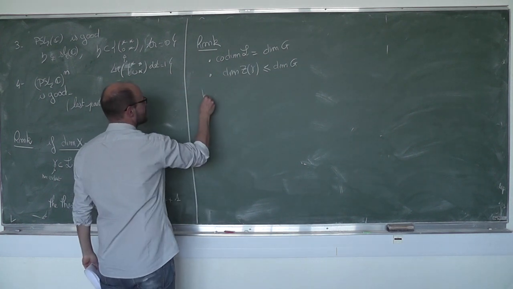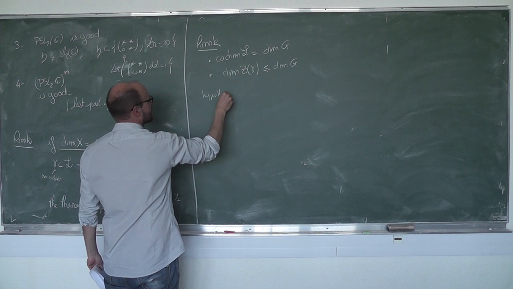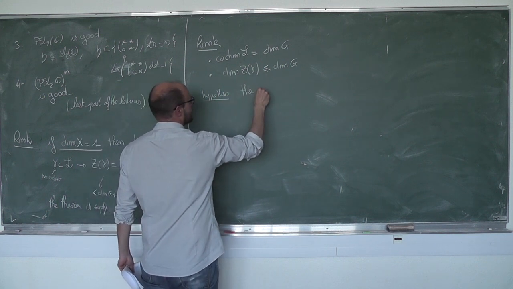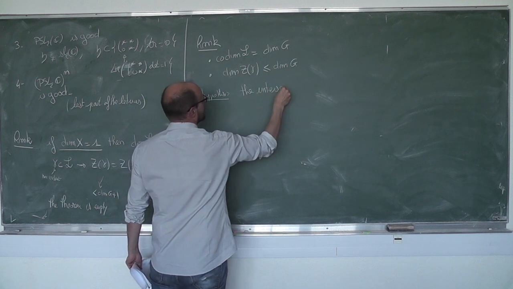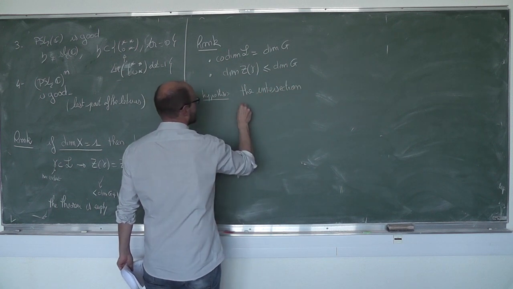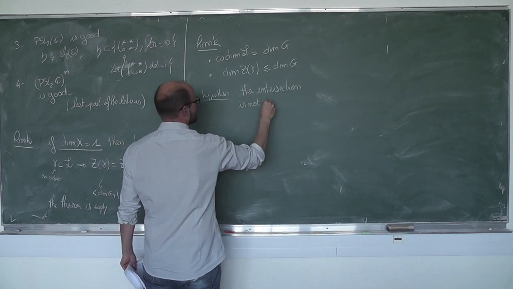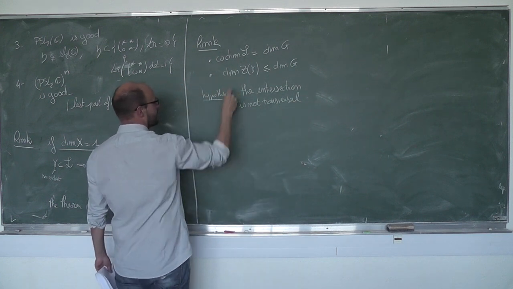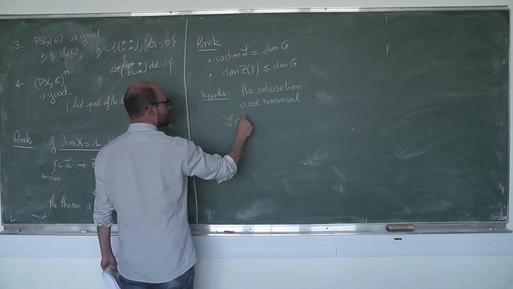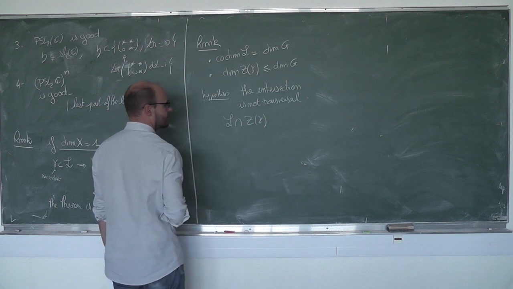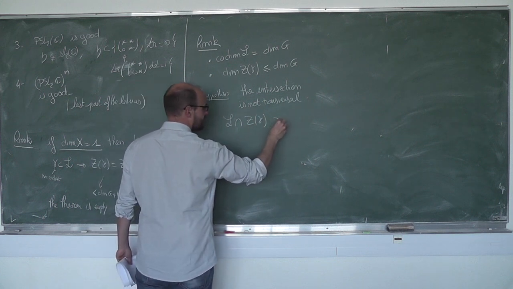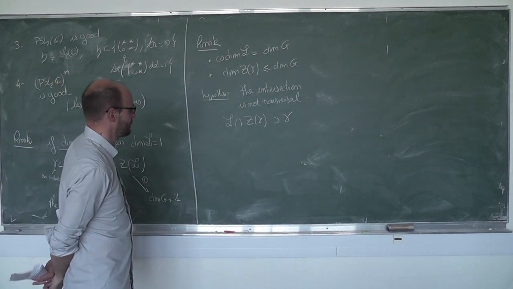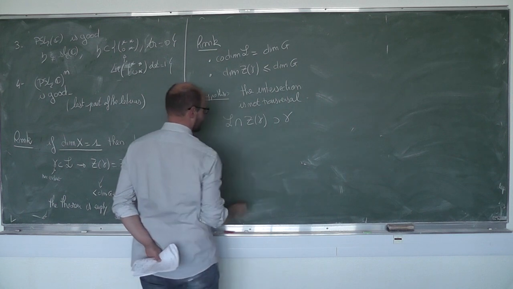But your hypothesis is that the intersection is not transversal. Because in the intersection you have gamma. Gamma is in L, gamma is in its Zariski closure, and this has dimension 1.